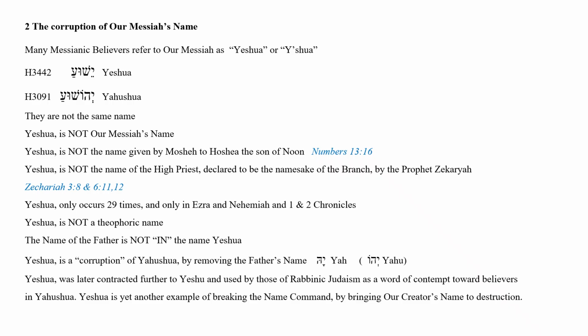Yeshua is a corruption of Yahushua by removing the Father's name Yah. Yeshua was later contracted further to Yeshu and used by those of Rabbinic Judaism as a word of contempt towards believers in Yahushua. Yeshua is yet another example of breaking the name command by bringing our Creator's name to destruction.